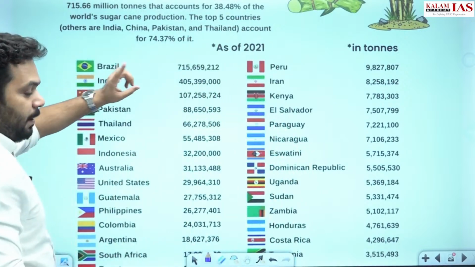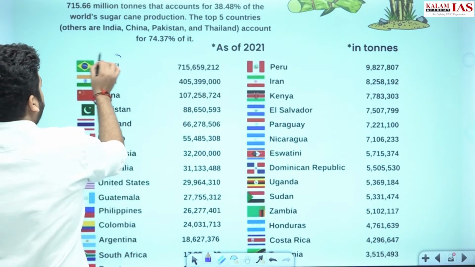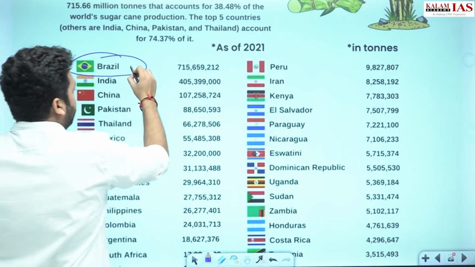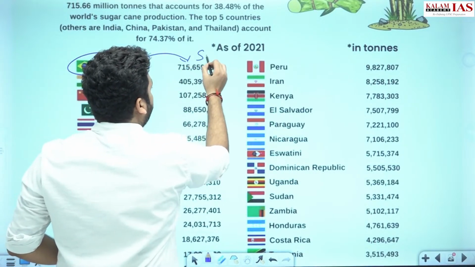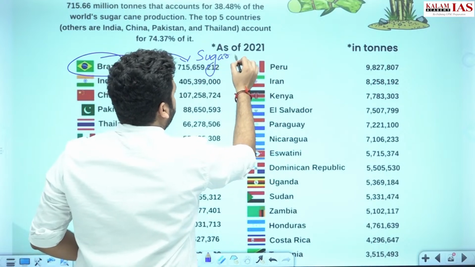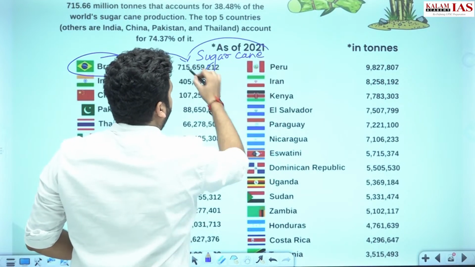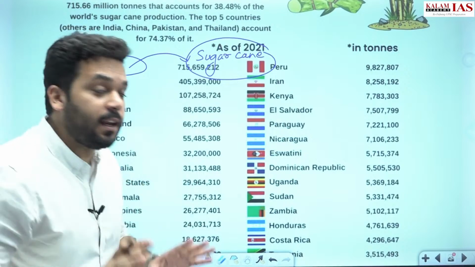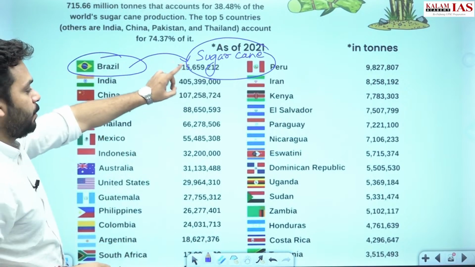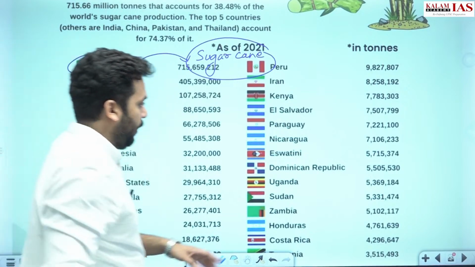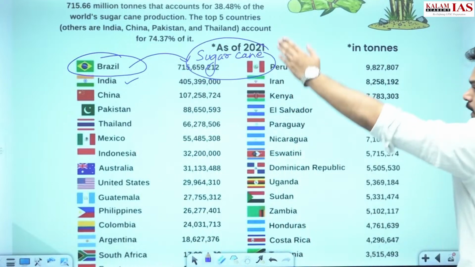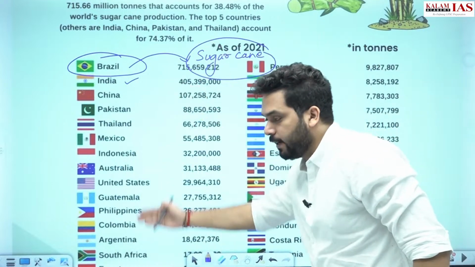Then coming to sugarcane, Brazil is the largest producer of sugarcane. I am talking about sugarcane, not sugar. Brazil is the highest producer, and second is India. If you want to make a note of the countries, you can pause the video.